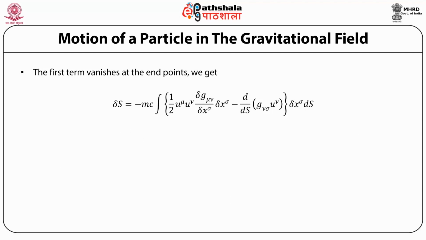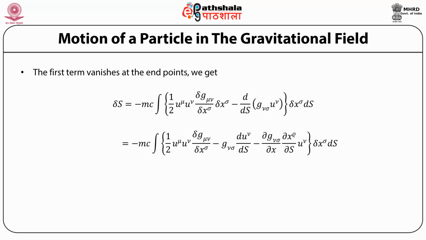The first term vanishes at the endpoints, therefore we get δS = −mc ∫ {1/2 u^μ u^ν ∂g_μν/∂x^σ − d/ds(g_νσ u^ν)} δx^σ ds, which equals −mc ∫ {1/2 u^μ u^ν ∂g_μν/∂x^σ − g_νσ du^ν/ds − ∂g_νσ/∂x^ρ (dx^ρ/ds) u^ν} δx^σ ds.